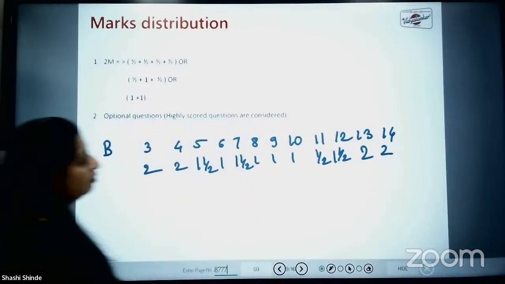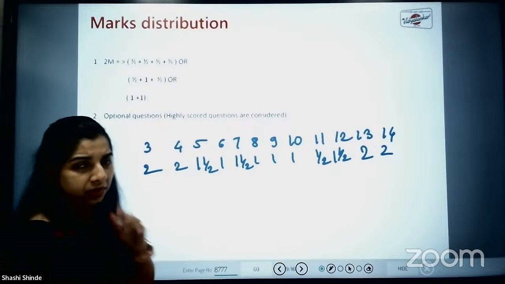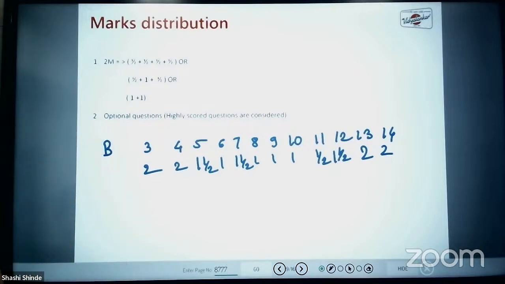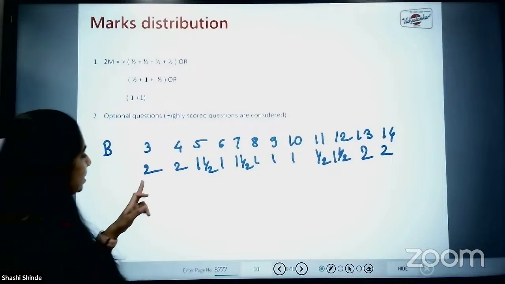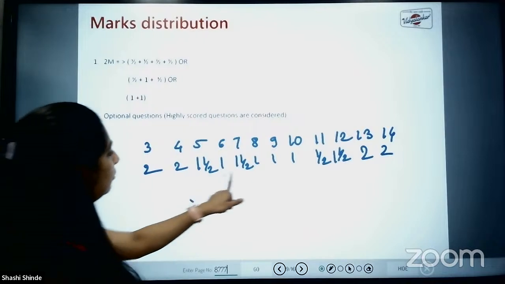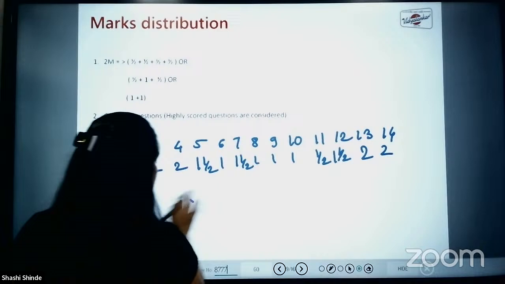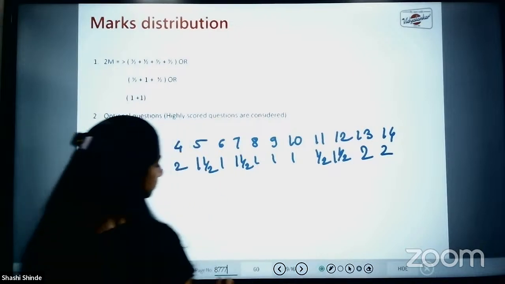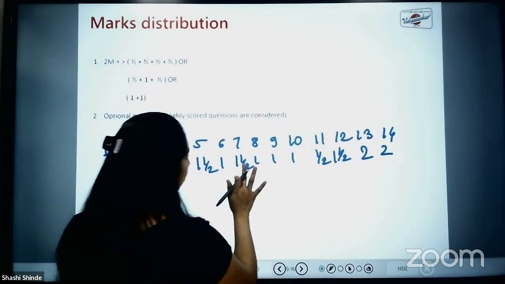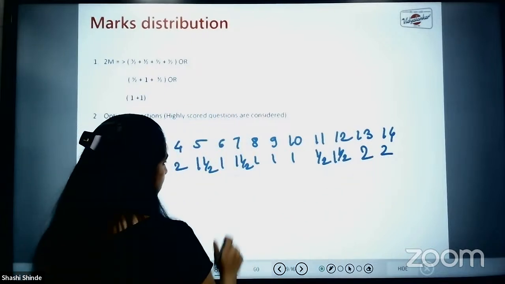Now we have to select. Suppose anybody is solving all the questions, then we will select only 8 which are highly scored. So which ones will we select? 2, 2, 2, 2, 4, then 1.5, 1.5, 1.5. 3, right? So we will select 1, 2, 3, 4, 5, 6, 7 and the 1 mark question.